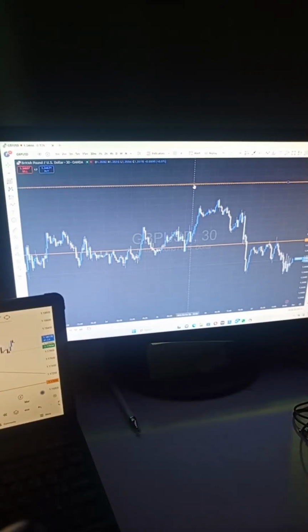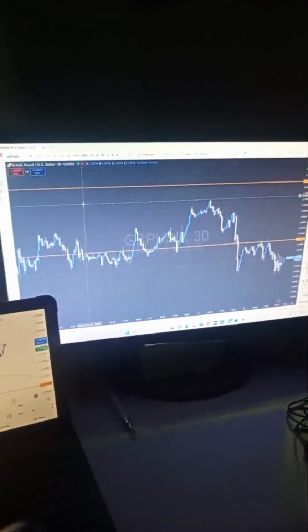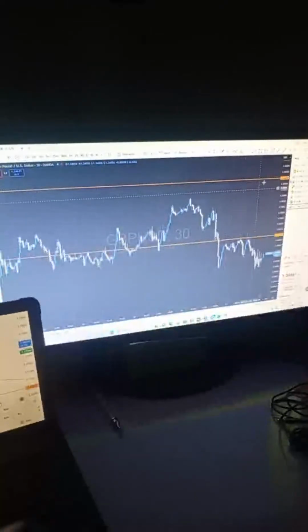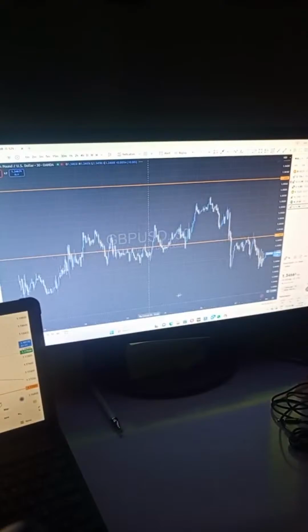The first key level we marked is 1.36000. So let me turn the camera so that I can see the exact level. Here's the level. So I want you to look at something.